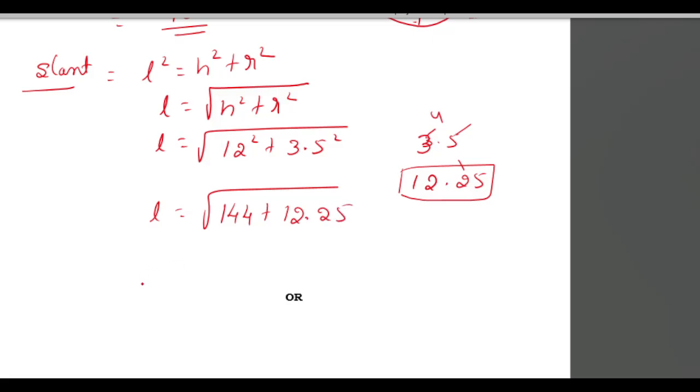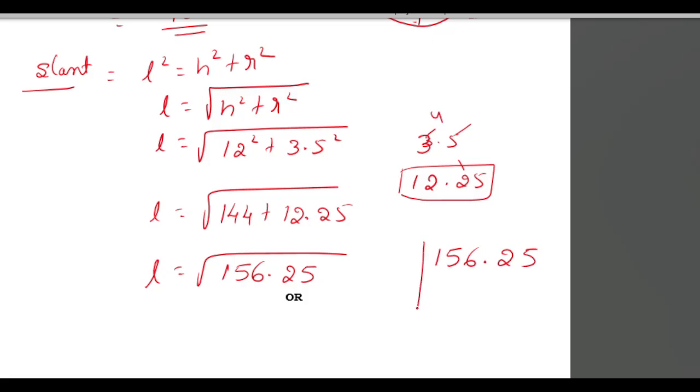If you add these two numbers, L is equal to root of 156.25. So we have to take this number out of the square root.